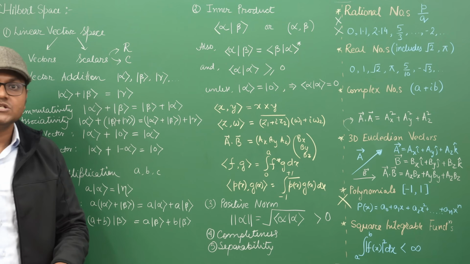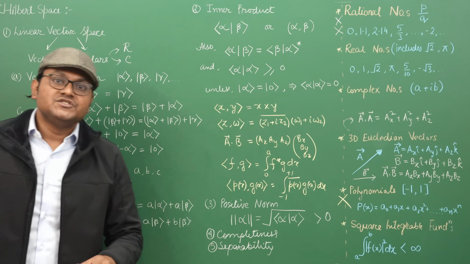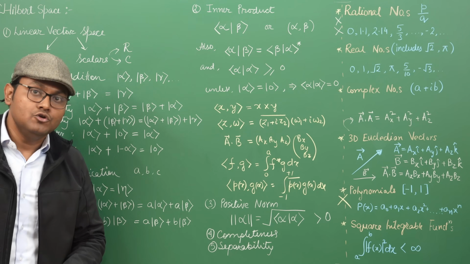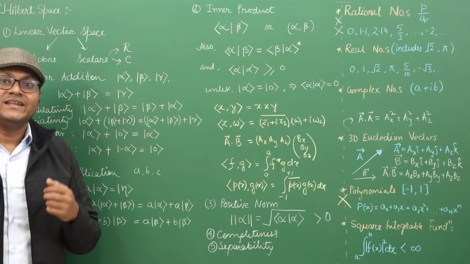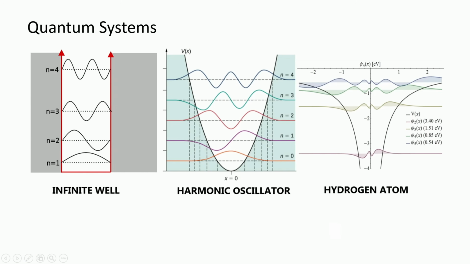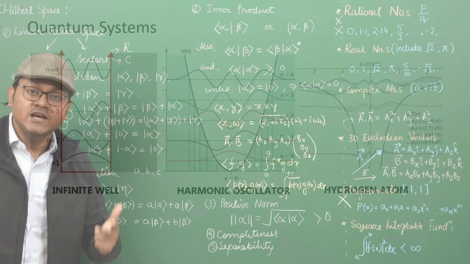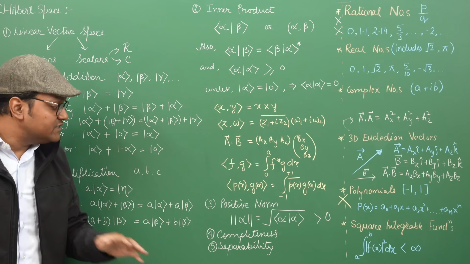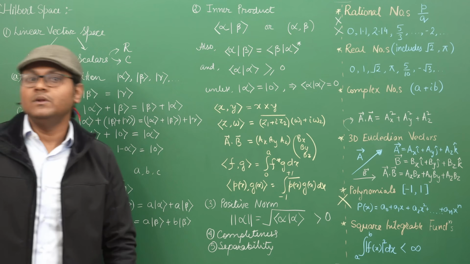In quantum mechanics, most of the quantum mechanical systems are separable. Why? Because whether you look at an infinite potential well, a harmonic oscillator, or a hydrogen atom, you have distinct countable eigenstate solutions, and a general solution can be written as a linear combination of those distinct countable eigenfunction solutions. Therefore, in quantum mechanics, we have this additional property of separability.